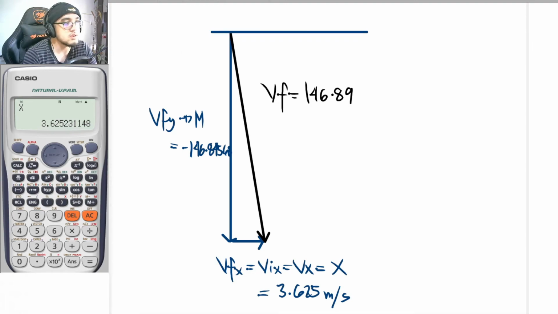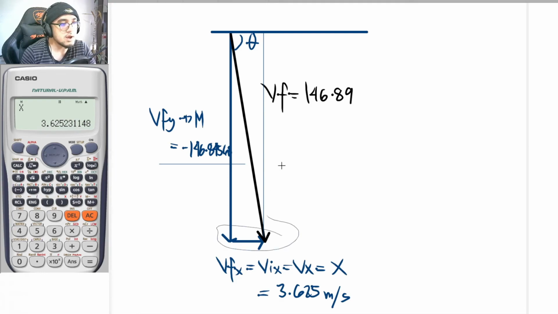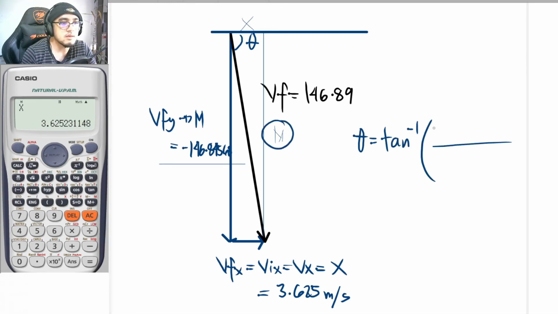So if we are now to get its angle in reference with the horizontal, if this is the horizontal, we would be getting this angle. We can just project this dimension here to this side for us to have a triangle, and we would be projecting this particular answer here on the top. So this is now our x, and this is now our m. For this particular angle, opposite, adjacent, the angle is equal to arctangent of opposite over adjacent.